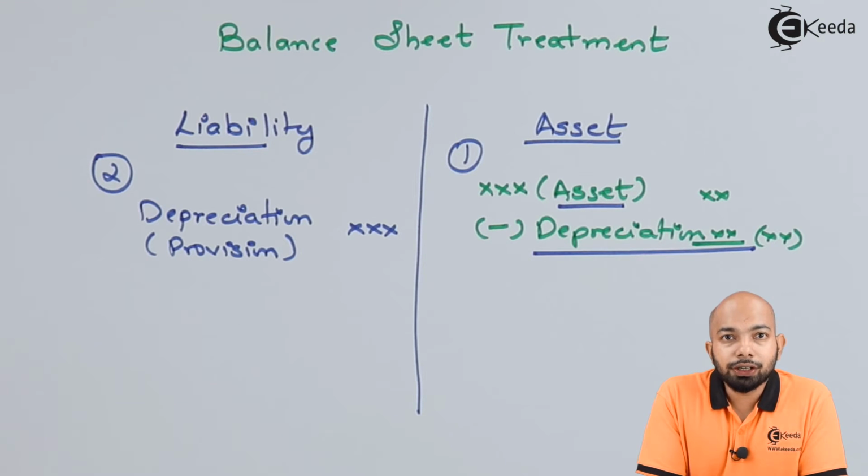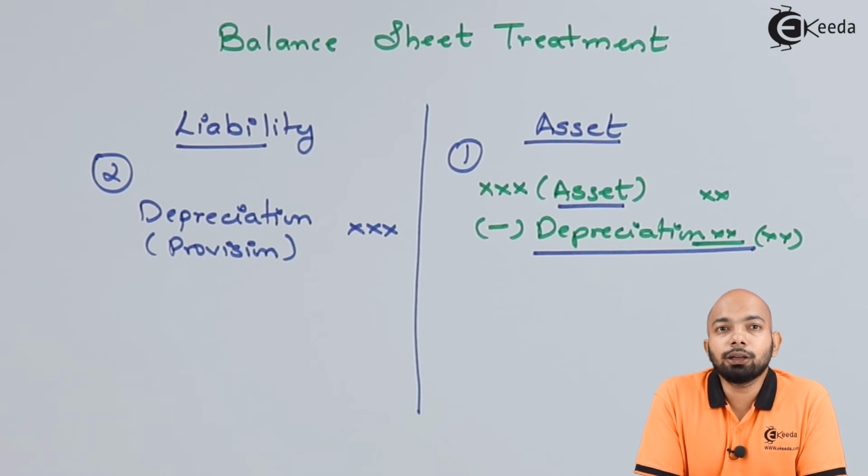Asset value will be mentioned at the cost that it was procured with, and there will be a subtraction of depreciation from it. Supposing the asset has a value of 10 lakhs and the depreciation per year is 50,000, that means out of 10 lakh you will subtract 50,000. The balance 9,50,000 will be the net book value of that specific asset, which will be shown on the asset side.